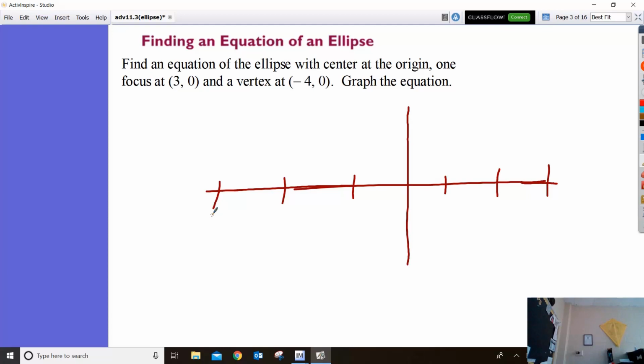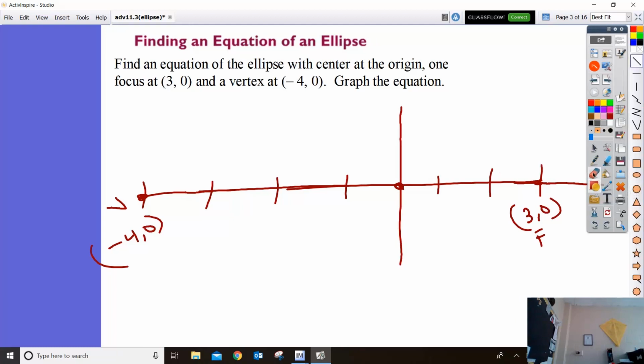Anyways, I got a vertex at negative 4, 0. I got a focus at 3, 0. And the center is where? Origin. Boy, this thing is not the same left to right, is it? Read mine.